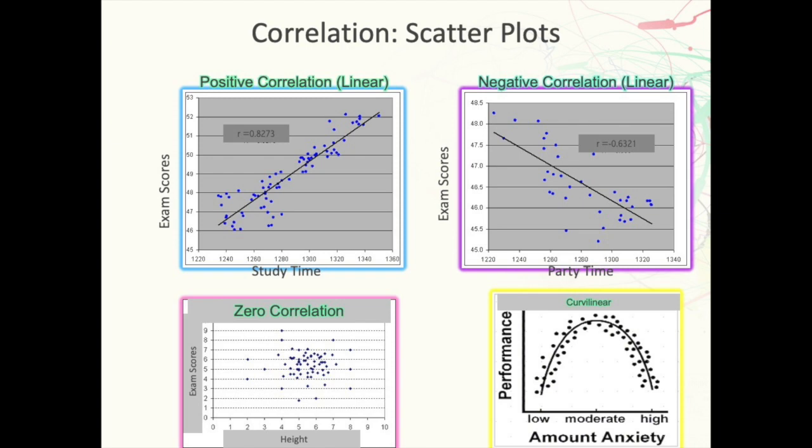anxiety. And so if you look on the slide, you see that with a low amount of anxiety, performance is also low. And then as anxiety increases, performance increases. There over the moderate level is kind of its peak. And then after that, it starts trending downward. When anxiety gets really high, performance starts going down.